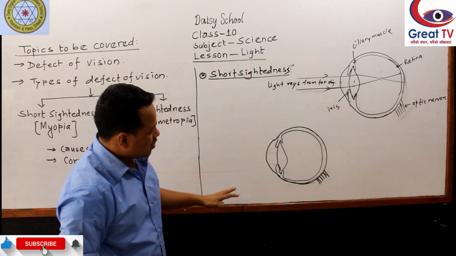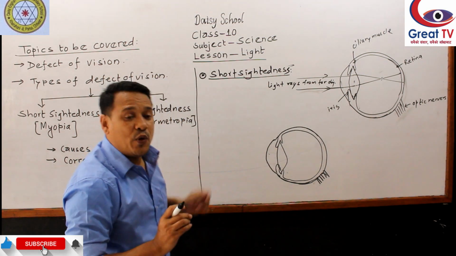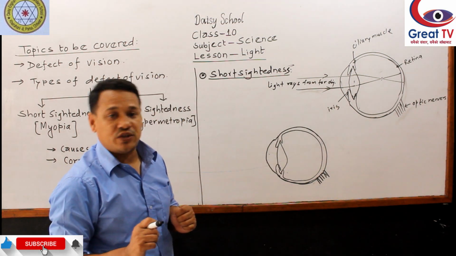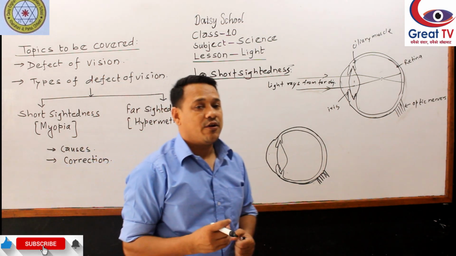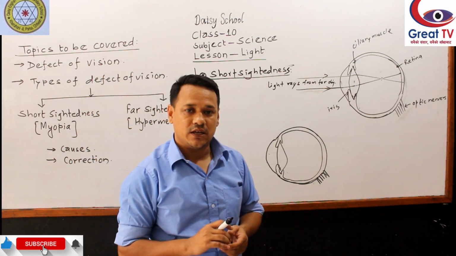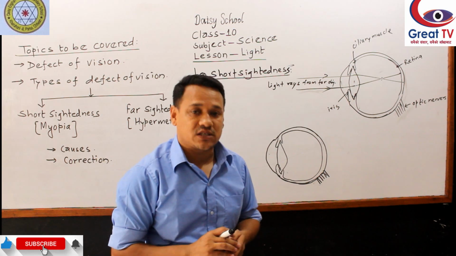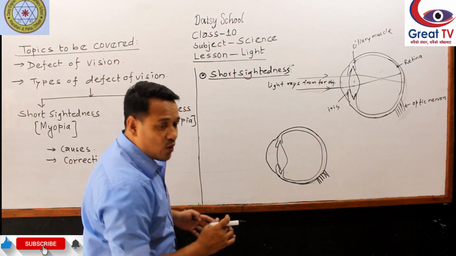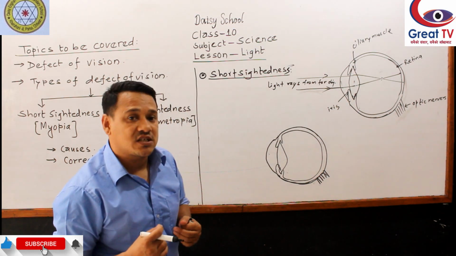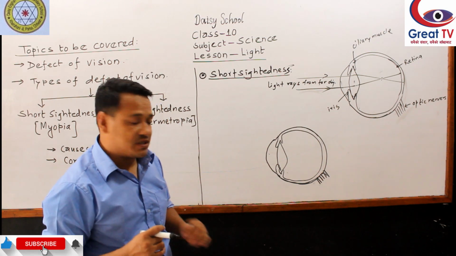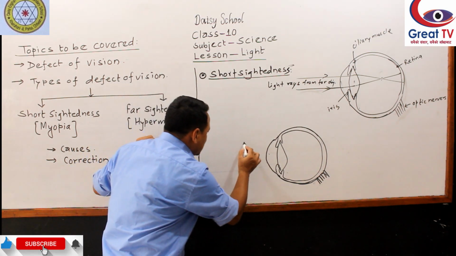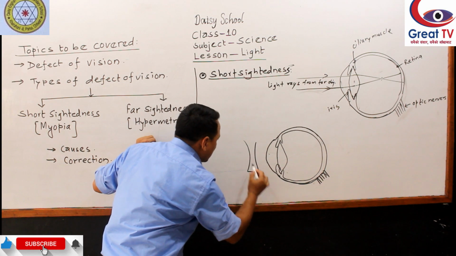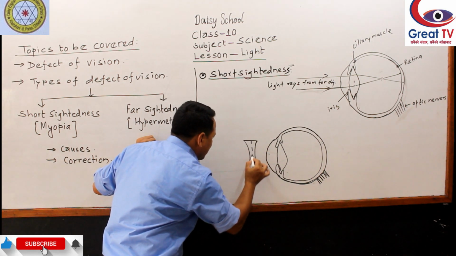If we use a concave lens of suitable power, then we can see far objects clearly. That means we can treat short-sightedness. So how does a concave lens help to treat this defect of vision? Look here.